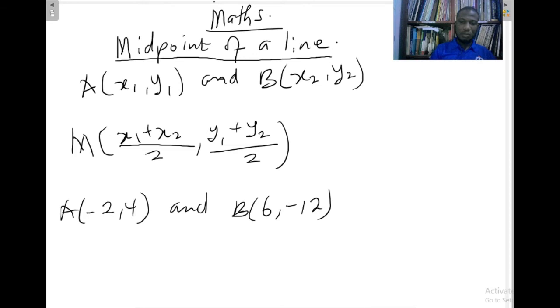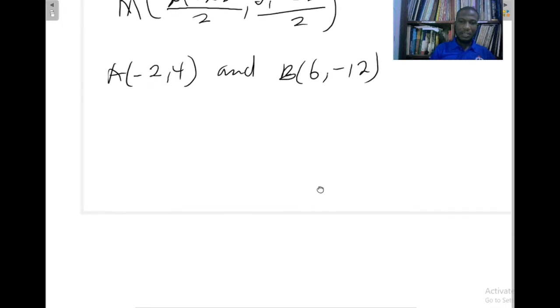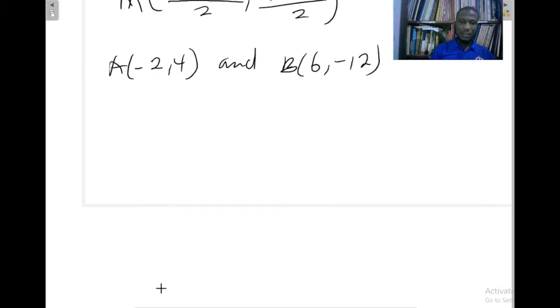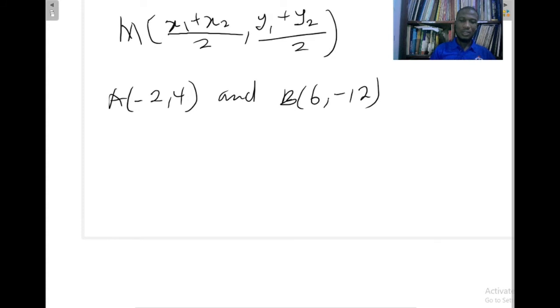Then the midpoint of the line joining these 2 points, meaning a point that is exactly in the middle of these 2 points, will have the coordinates M equals, and I always encourage you to write the x1, y1, x2, y2 at the top to avoid any confusion.